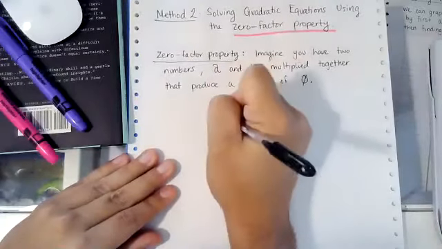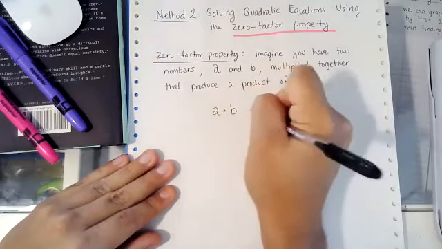So in other words, A times B is equal to 0.